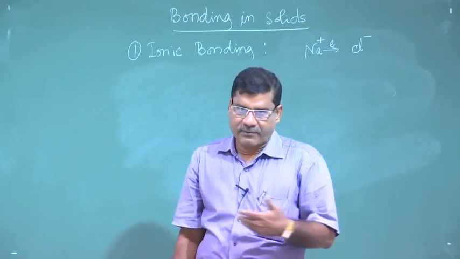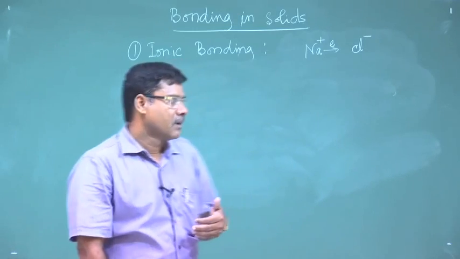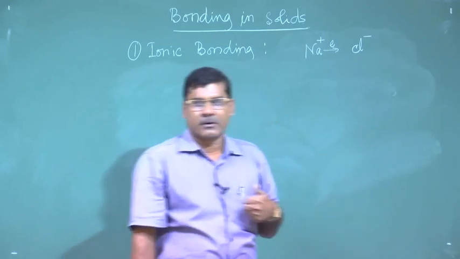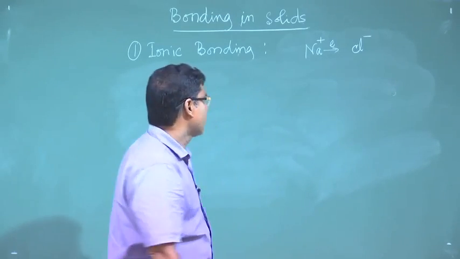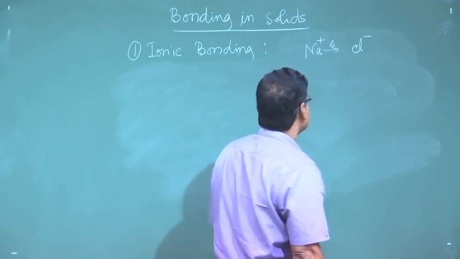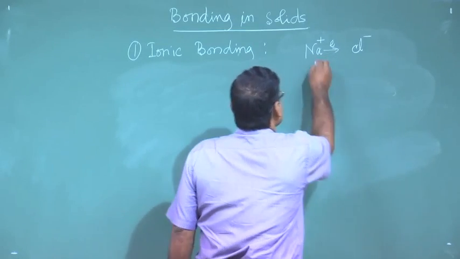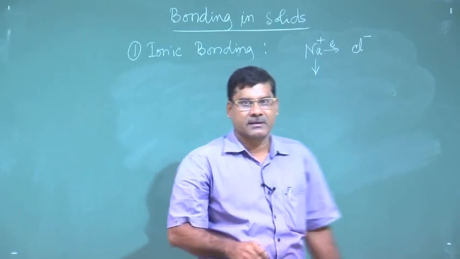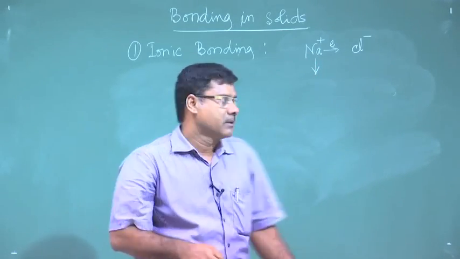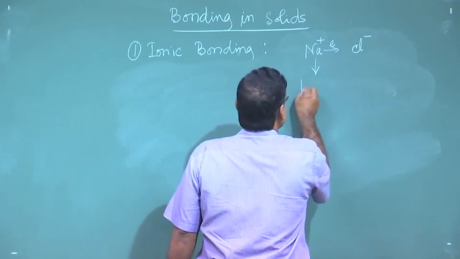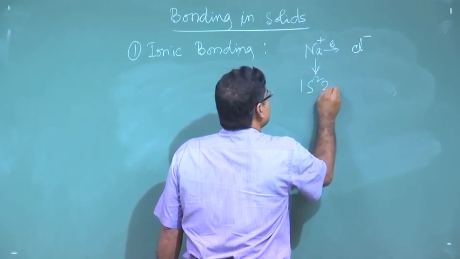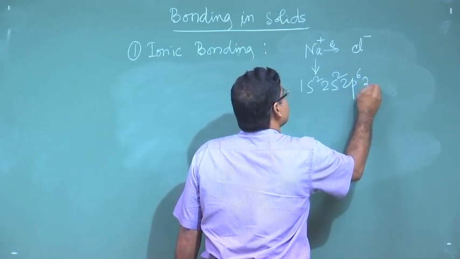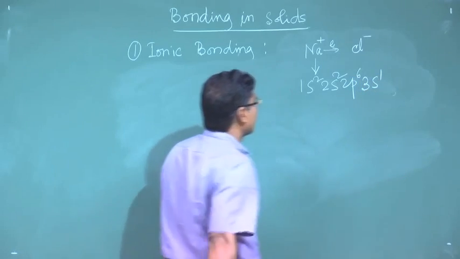Why does sodium want to give one electron and chlorine want to accept one electron? That is because of the electronic configuration of these atoms. For sodium, there are 11 electrons, so the electronic configuration is 1s2, 2s2, 2p6, 3s1, right.